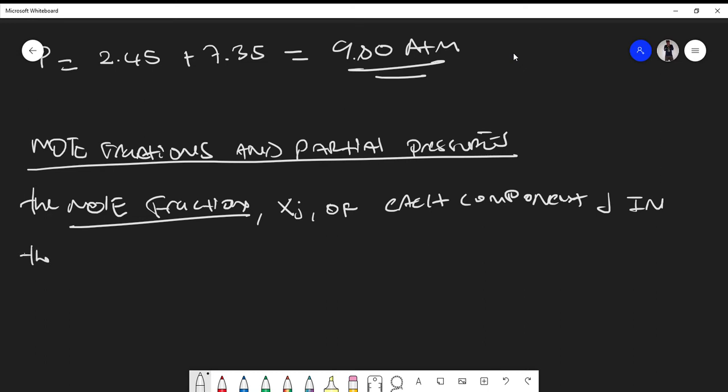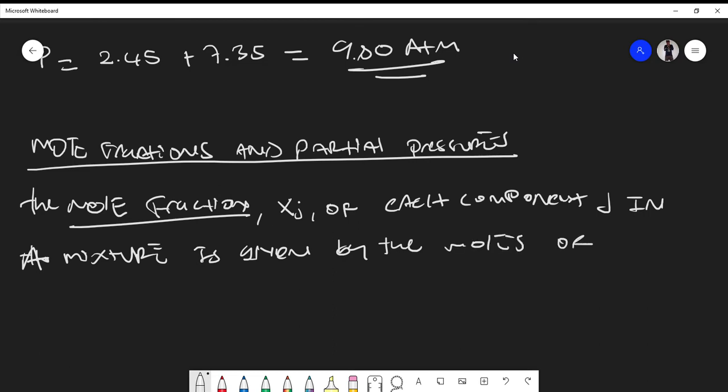in a mixture, is given by the moles of j molecules, n lowercase j, right?